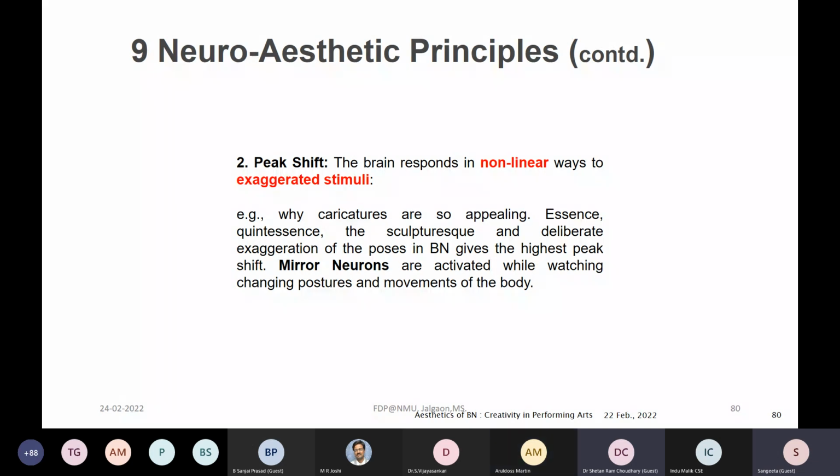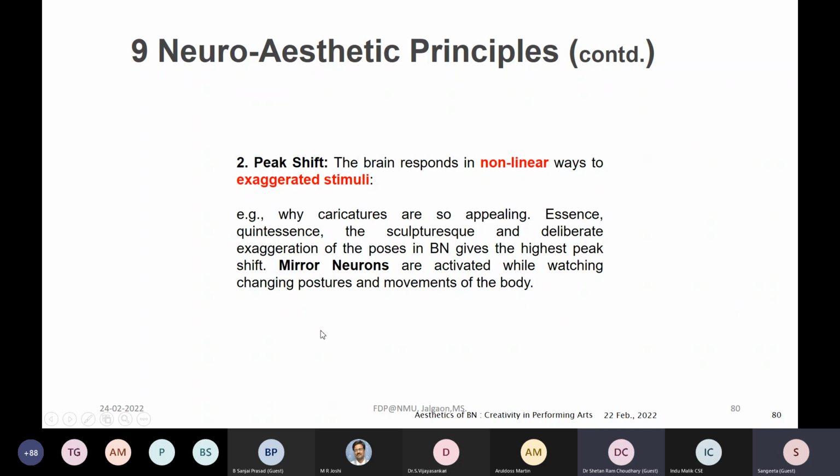Someone is eating something and you're feeling the effect. You're not actually eating it, right? Yes. That is mirror neuron. And in fact, Dr. Ramachandran's book, Phantoms in the Brain, also talked about mirror neurons, that you can read later.